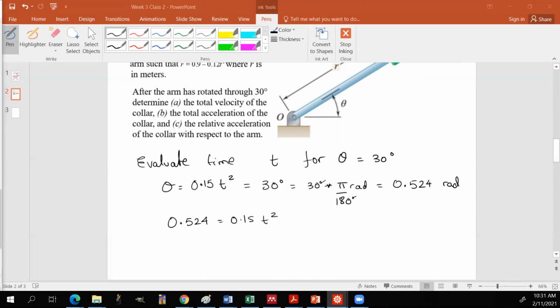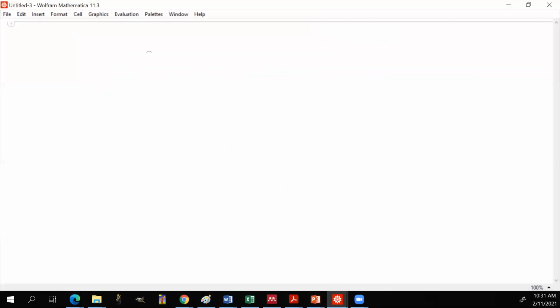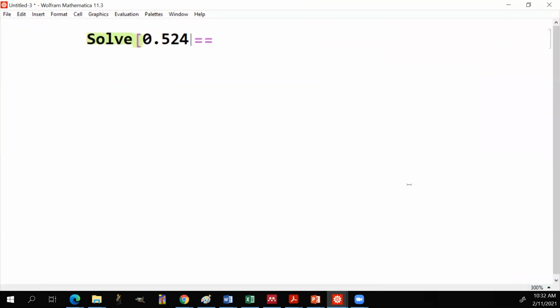Solving expressions and things like this is really easy because all you have to do is solve 0.524 is equal to 0.15 times t squared, and you're solving for t.